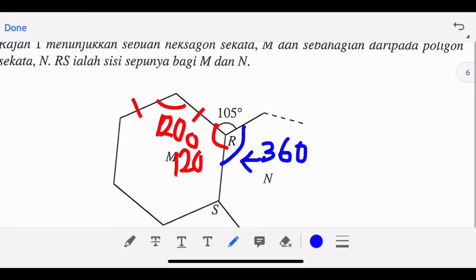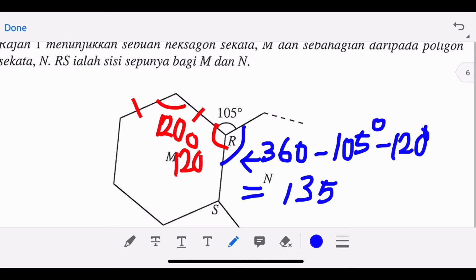So with that we can find the balance, that is angle R. We will take 360 minus 105 degree and minus 120 degree. So the angle R is the interior angle for the N.